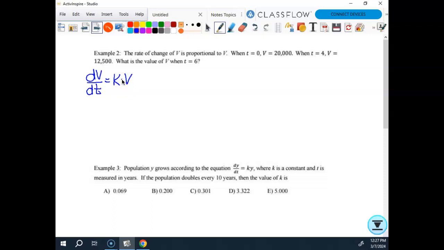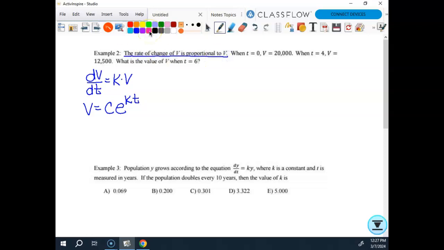Everybody okay with that? It's the same thing, we have v instead of y. So that means that we know that v is equal to c times e to the kt power.